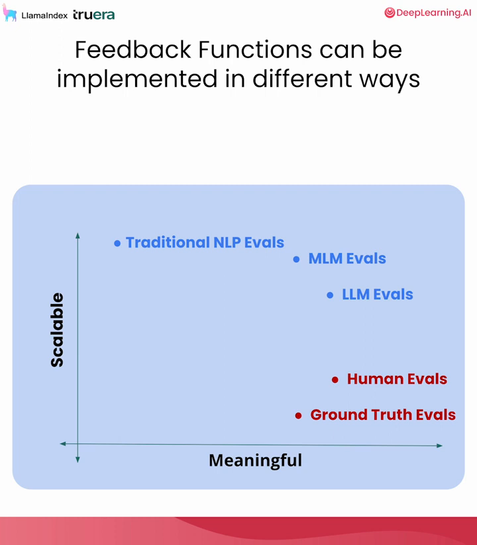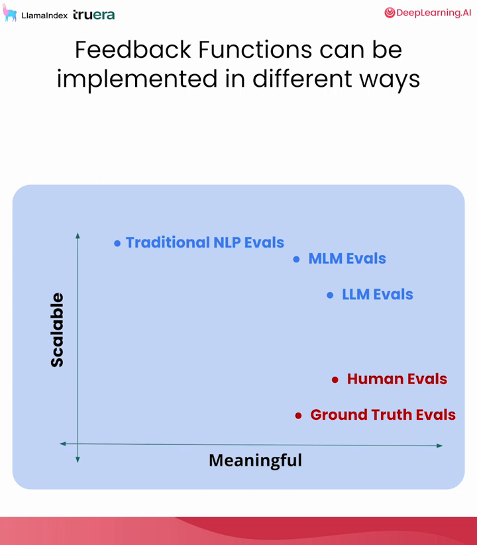So that suggests that LLM evaluations are quite comparable to human evaluations for the benchmark data sets to which they have been applied. So feedback functions provide us a way to scale up evaluations in a programmatic manner.